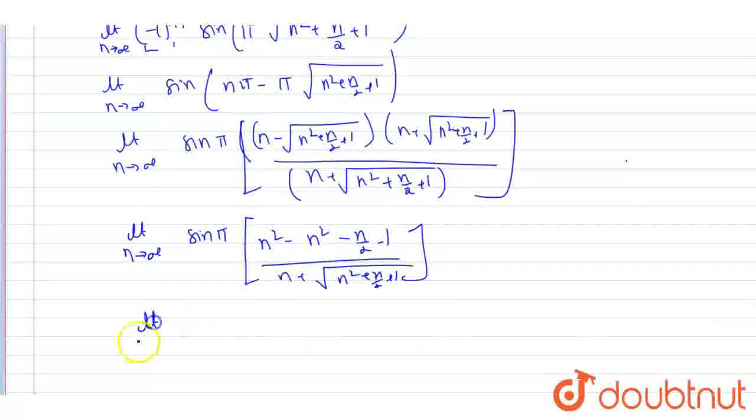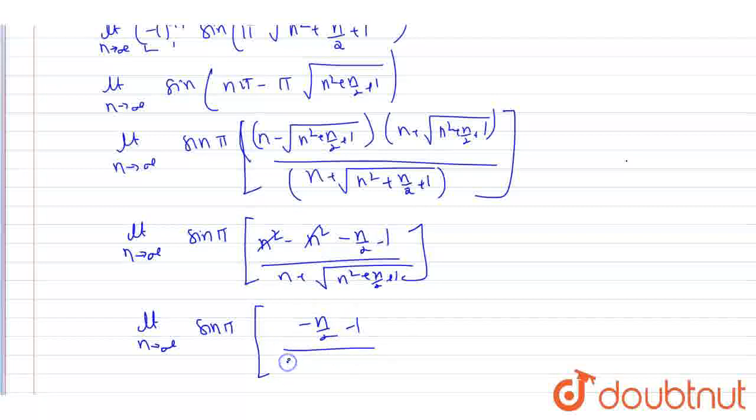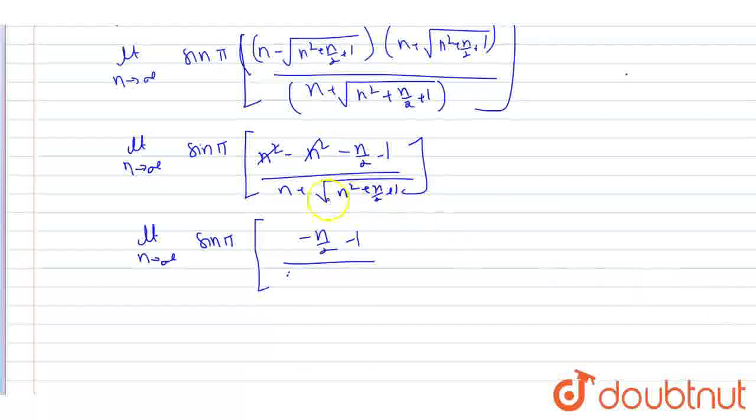Further, on solving this, we get the limit of sin pi. N square will be cancelled out, minus n by 2 minus 1 upon, and we can take n common from this, so we will get 1 plus under root 1 plus 1 by 2n plus 1 by n square.